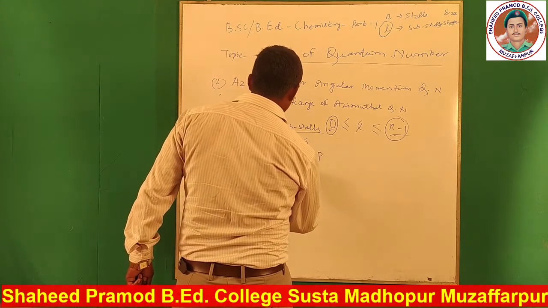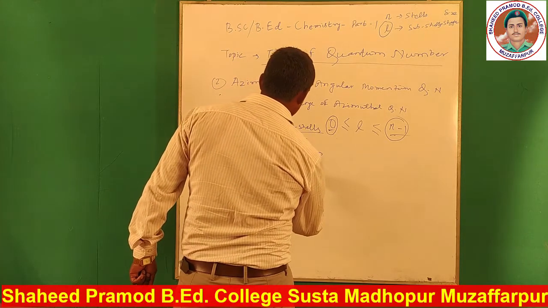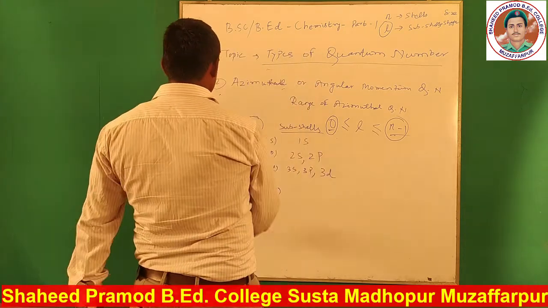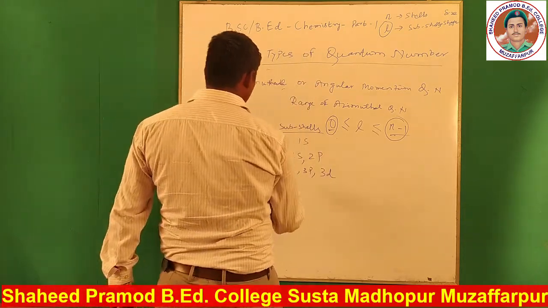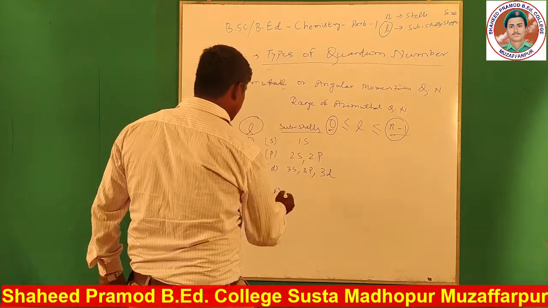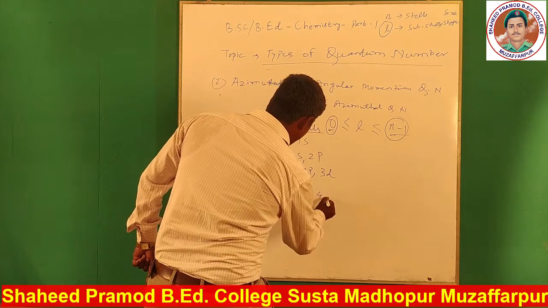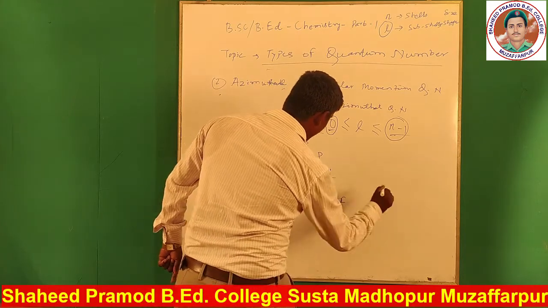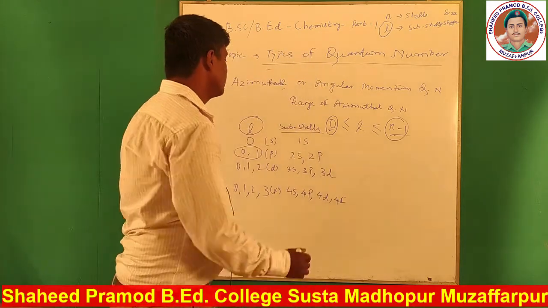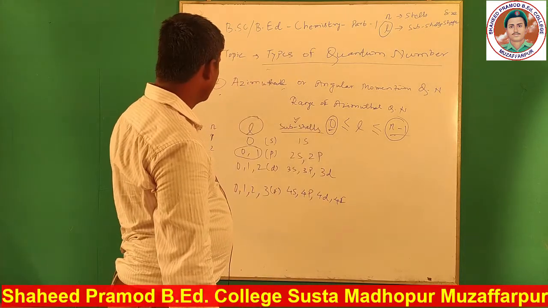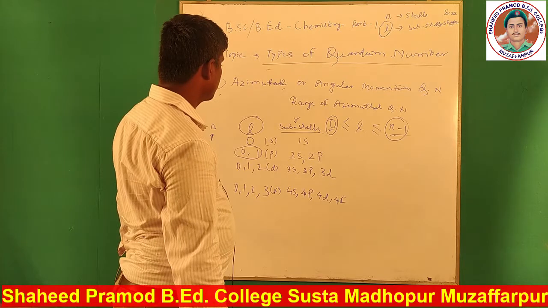For n equal to 3, the subcells are 3s, 3p and 3d, and for n equal to 4, the subcells are 4s, 4p, 4d and 4f. So, this is the detail of subcells as I described in the definition of azimuthal quantum number.